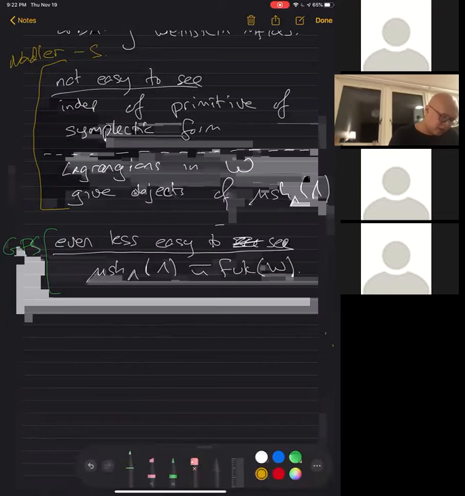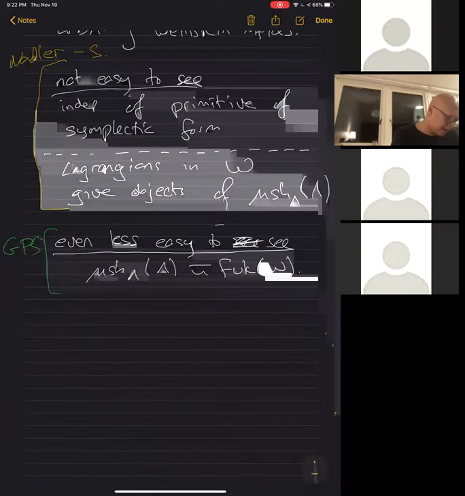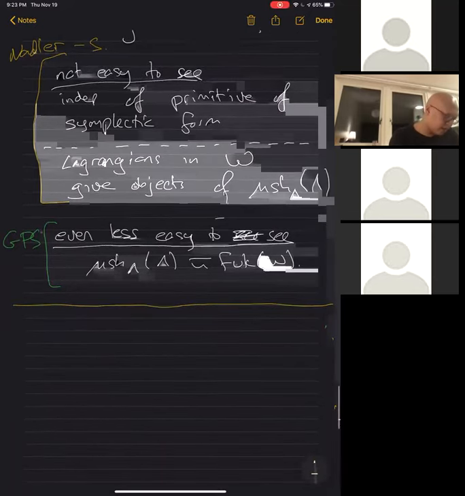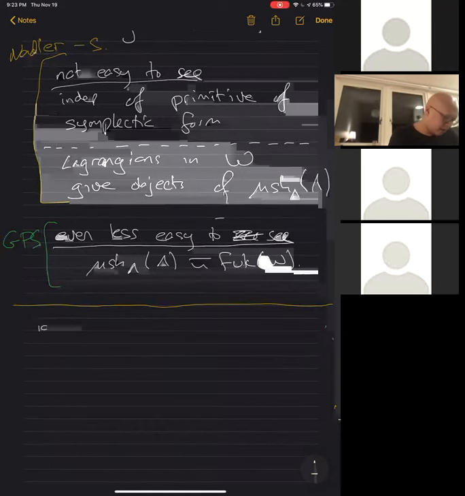I won't talk about that today, but having given this introductory discussion, let me say a little bit about what goes into this work with David Nadler. So there are maybe two fundamental ideas in this work.